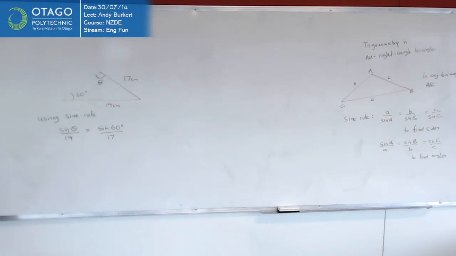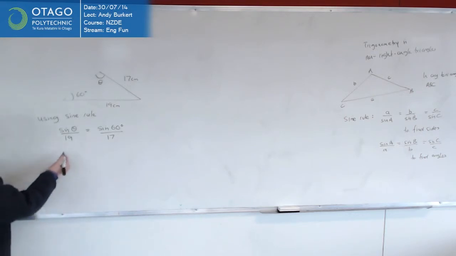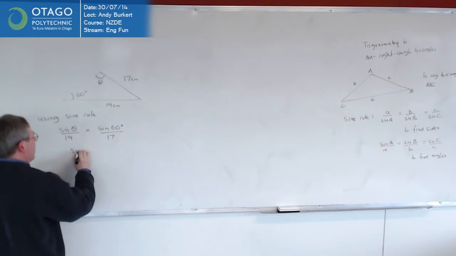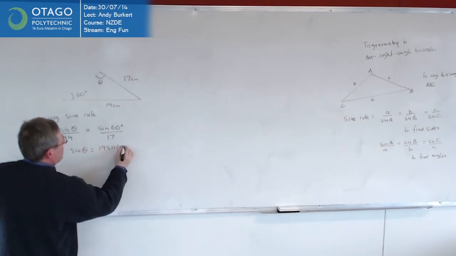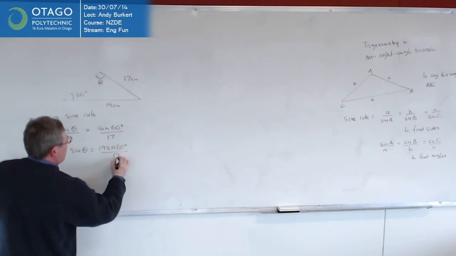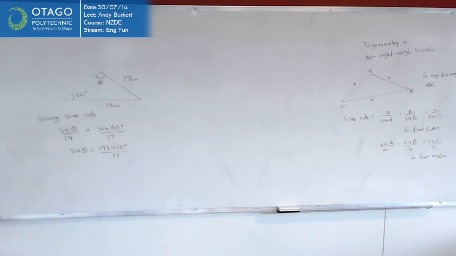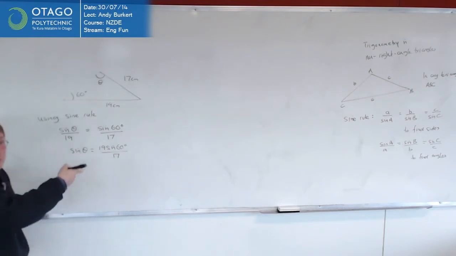Now it's just algebra. I've got to rearrange it and solve for the angle. So we can get rid of this 19 on the bottom by bringing it up. So sine of theta equals 19 sine 60 degrees divided by 17. And then theta is the inverse sine of all of that.